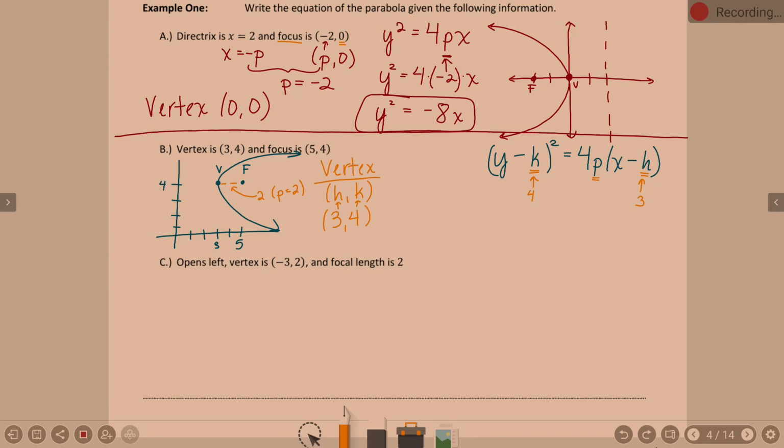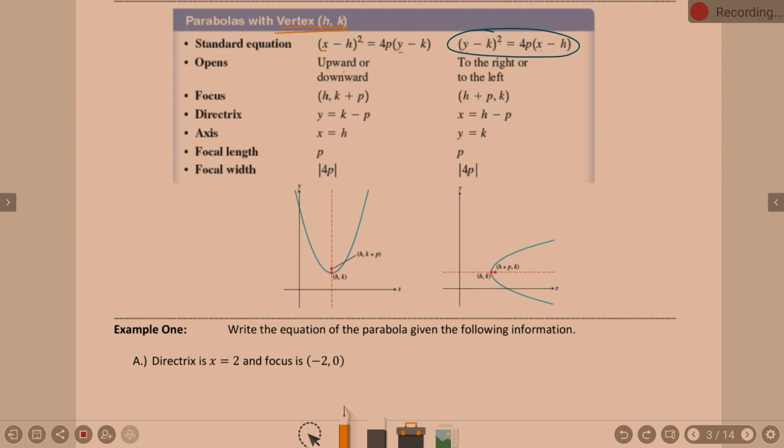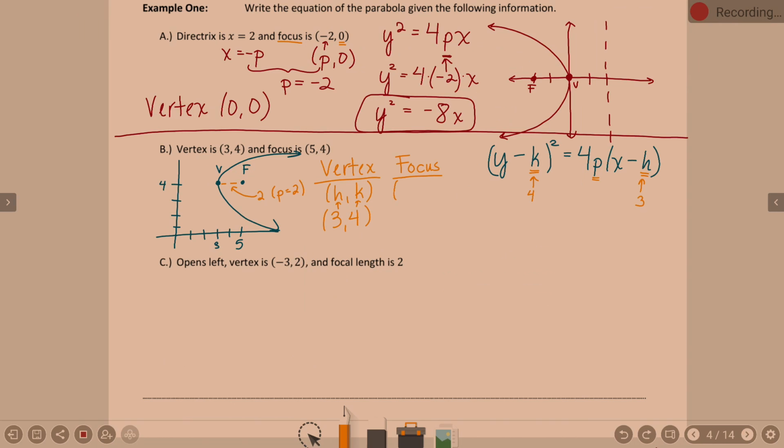Here's my other proof. If you're saying, I didn't like my picture, or I didn't really look at my picture, we were given the focus, yes? If you go back to the chart, what does it say the focus is defined as? H plus p comma k, right? This is how you could also find it. H plus p comma k. What do we already know the focus is? 5, 4.